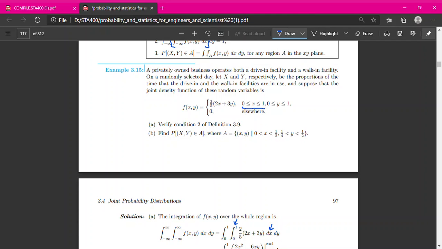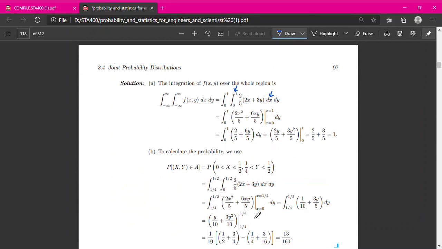Later we will see how to write the limits if your intervals are not the same for x and y. Let's see how you do the double integration, which you have learned before. You need to do the integration one by one.